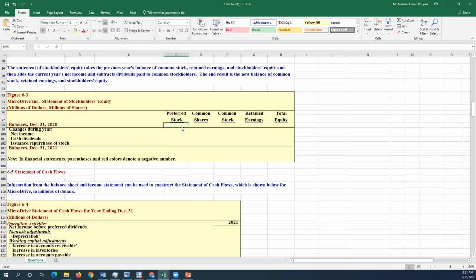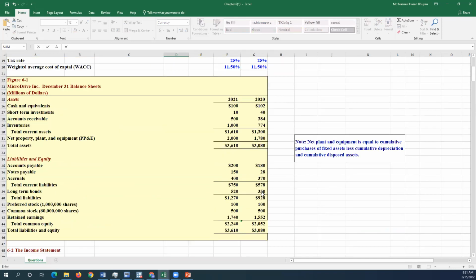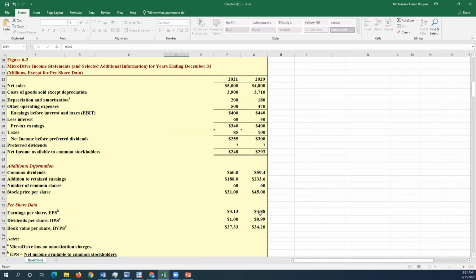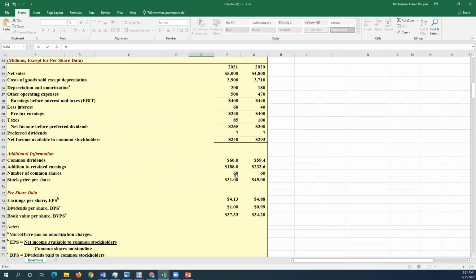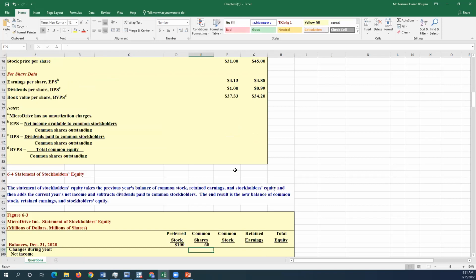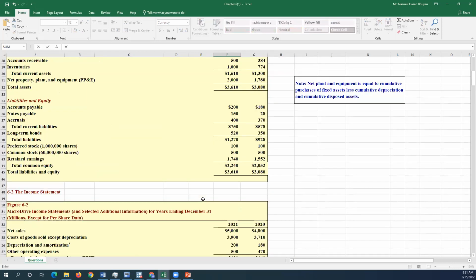Let us start. The value of preferred stock here is $100. Number of common shares, we get it from the income statement, is 60. The value of common stock, that means the face value or paid up capital, is 500.